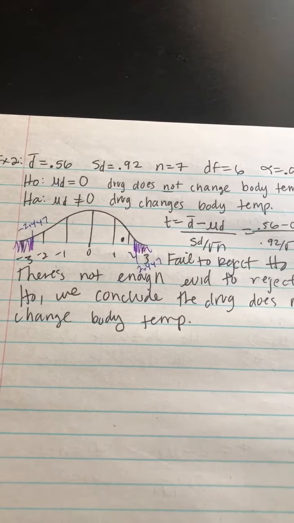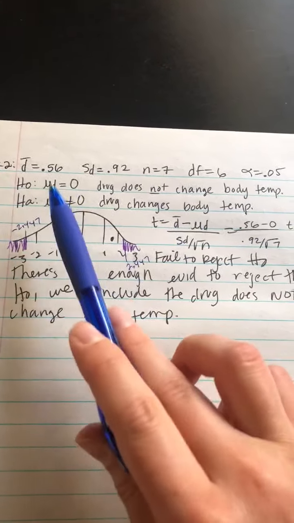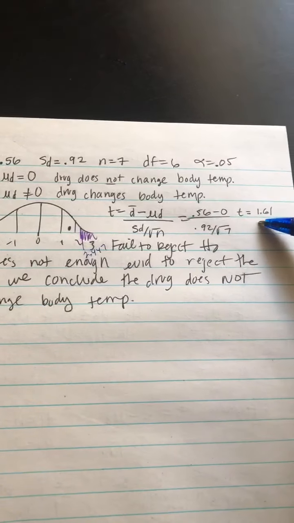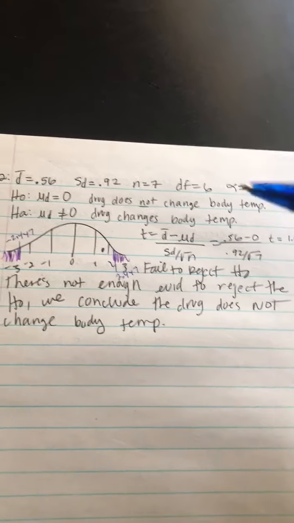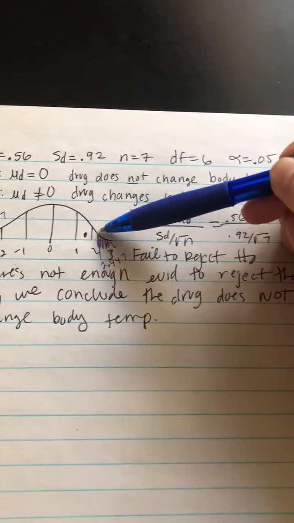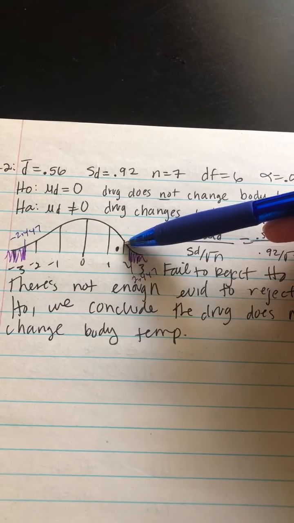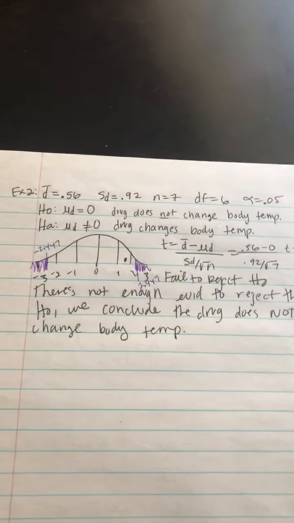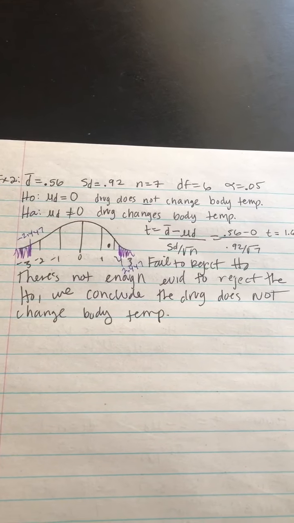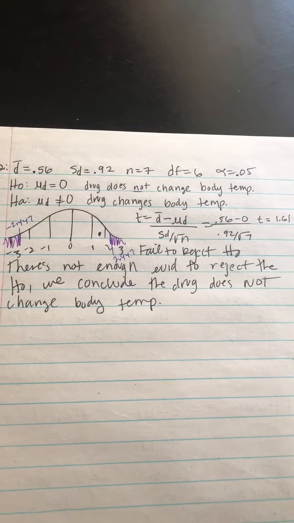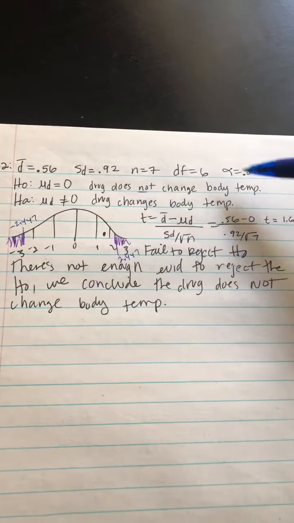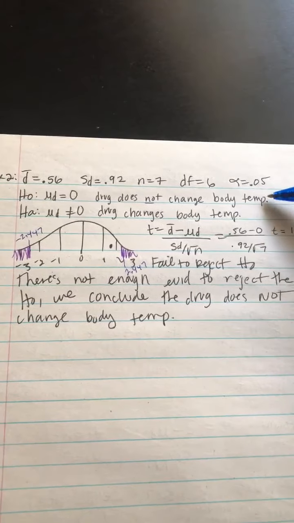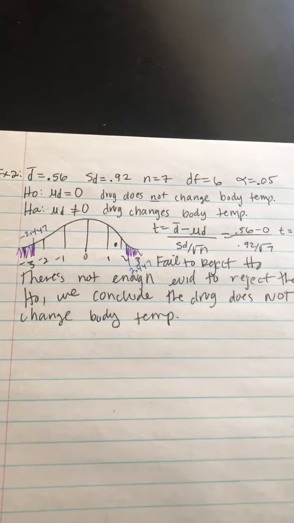That's where you shade. Then you get all these values, put them in the formula in Desmos, and for T you get 1.61. So if this is 1 and 2, 1.61 is in the middle, a little closer to 2. It falls in the part that's not shaded, so from there I think you know we fail to reject. And the sentence is, we don't have enough evidence to reject the null, so we have to conclude the null, that the drug does not change the body temperature.